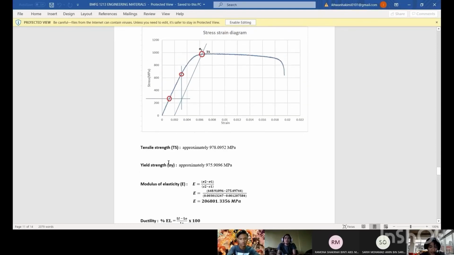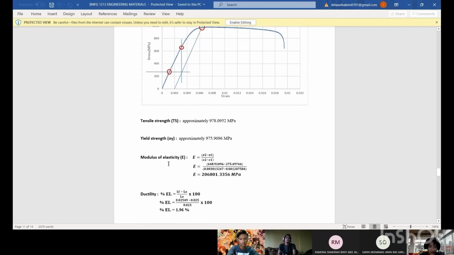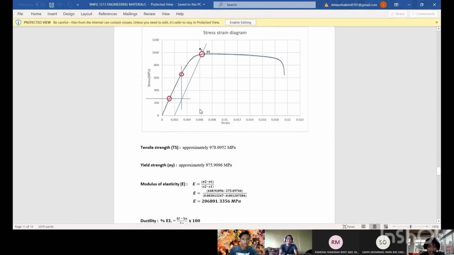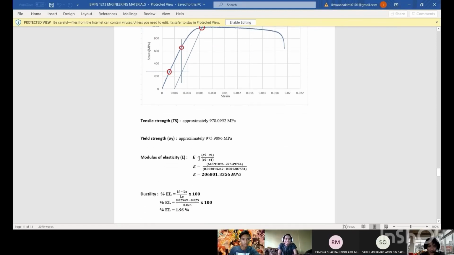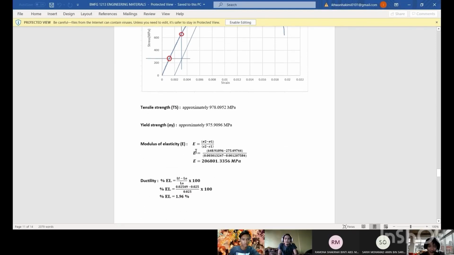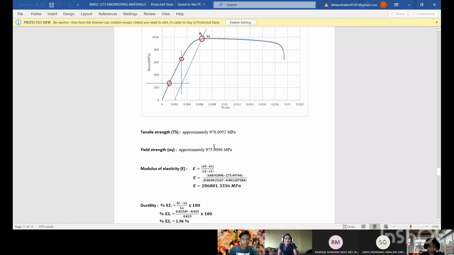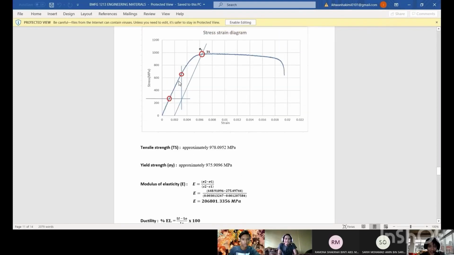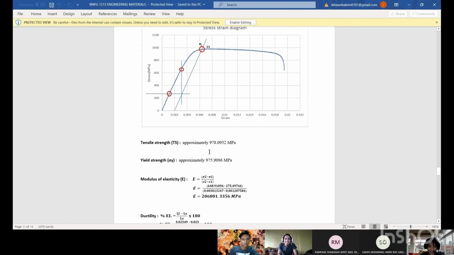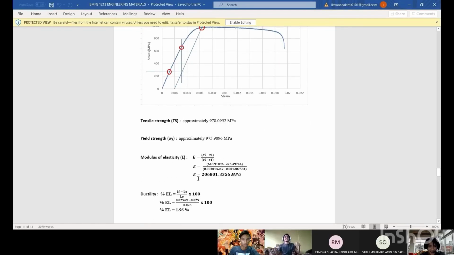And next, we need to find modulus of elasticity, E, the gradient. So this is the formula for gradient. We just choose any point on this line, and then we will get the modulus of elasticity is 206,801.3356 megapascal.